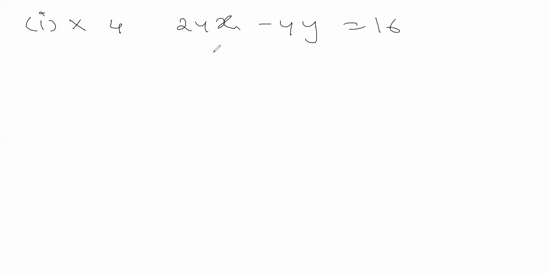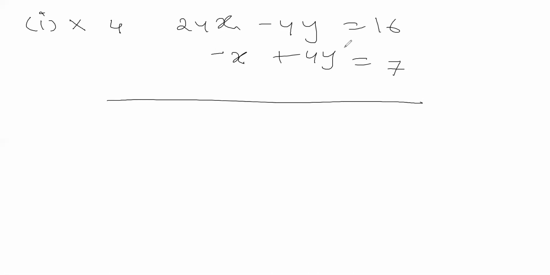And then I write down my equation number 2, which is minus x plus 4y is equal to 7. So from here we can see that this 4y and 4y are crossed out. So we are left with 23x is equal to 23. Or in other words, x is equal to 1.